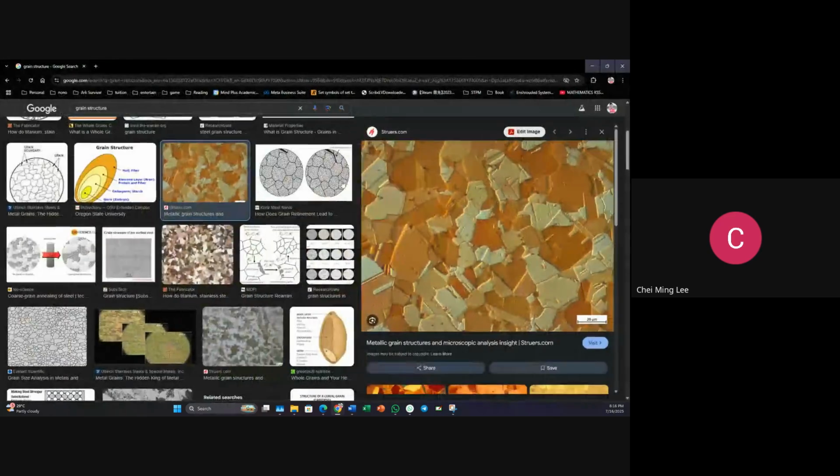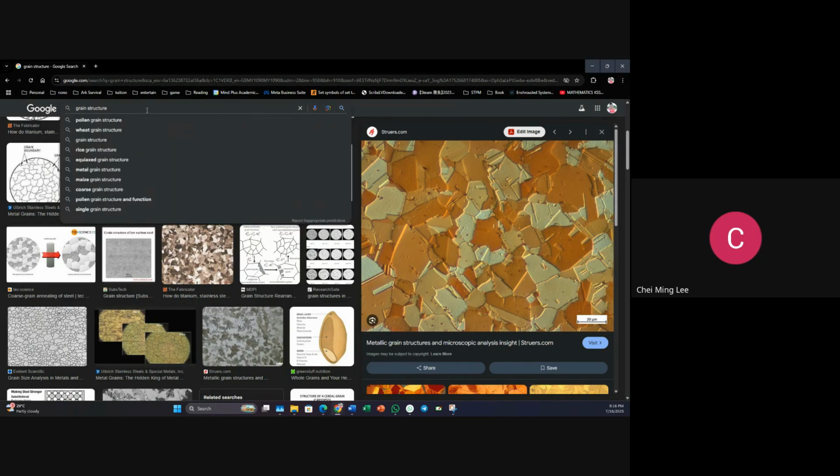When you enlarge the vision of the surface of a metal, for example, you find that there are pieces like this. These pieces are actually one giant structure. When there are a lot of them, like diamond, that is the giant structure of diamond.